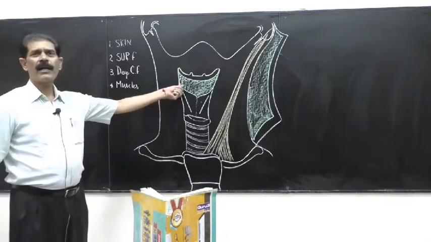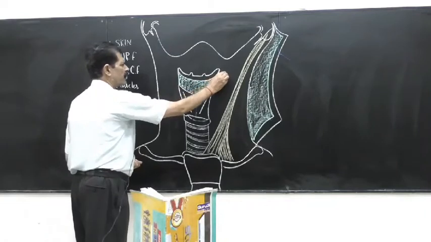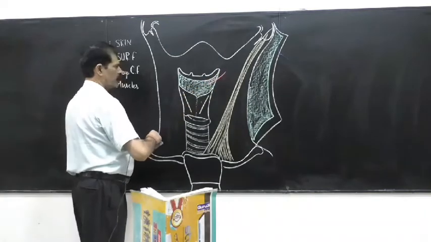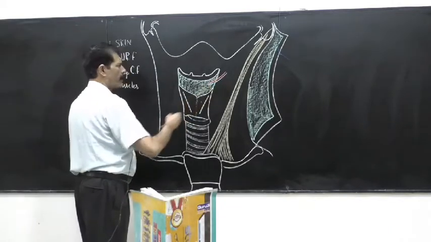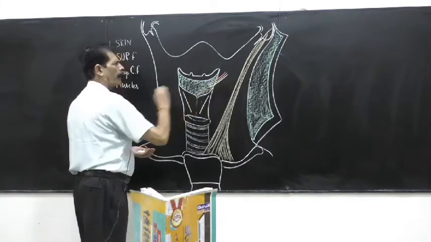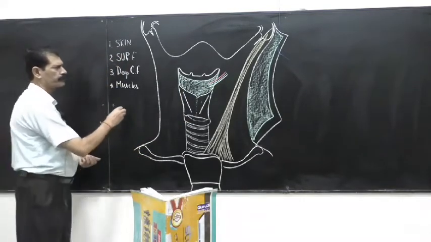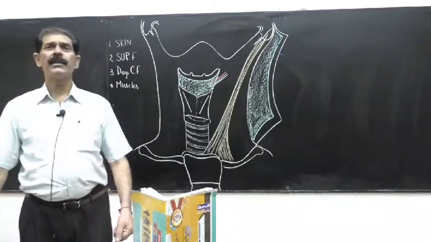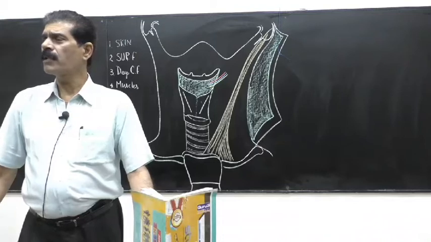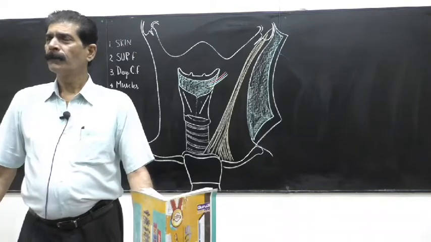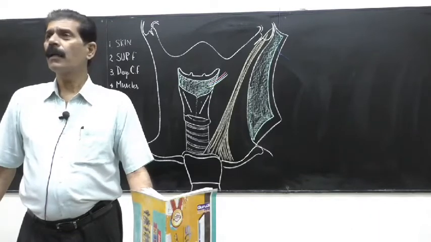This is called the thyrohyoid membrane, and always remember, this membrane is pierced by three structures: an artery, a vein, and a nerve. The name of the artery is the internal laryngeal artery, the corresponding vein the internal laryngeal vein, and the nerve is called the internal laryngeal nerve.